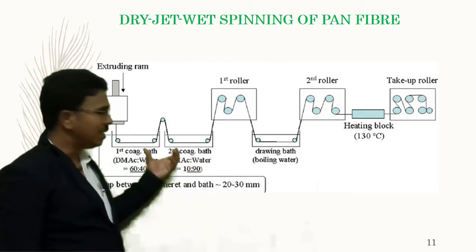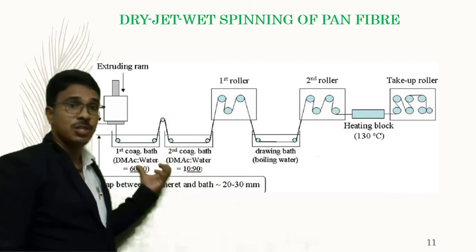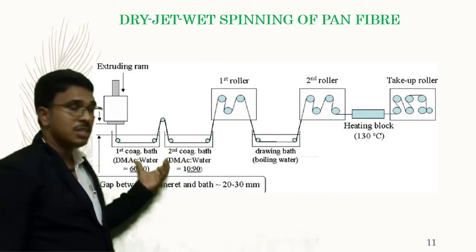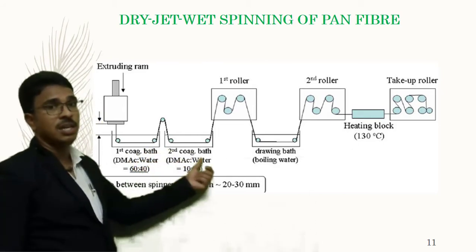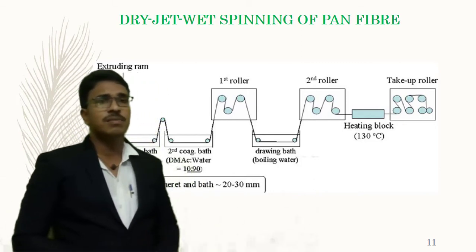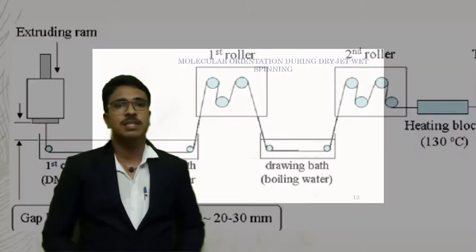And you can see the combination of chemicals we are taking, the proportion of DMAc, dimethylacetamide, and water. The proportion here is 60:40, and here it is 10:90. All these things we are maintaining to get the required properties in the filaments.